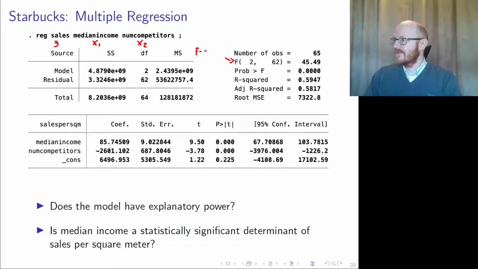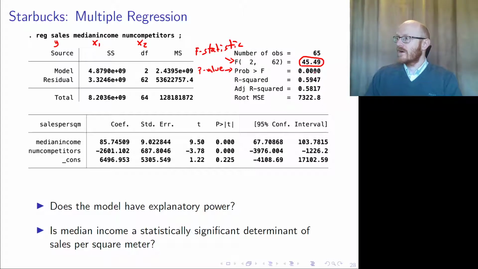This is the F statistic. Okay, so it's 45.49, and remember that we have to look at the p-value. So this is the p-value.